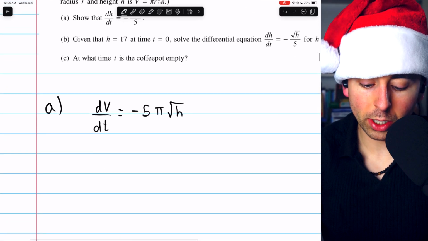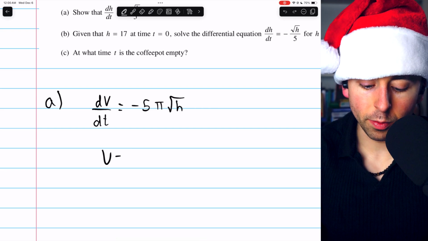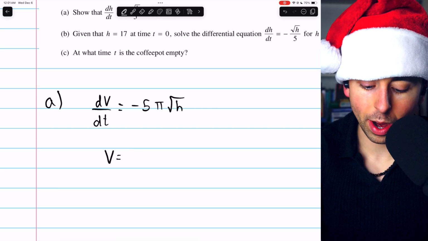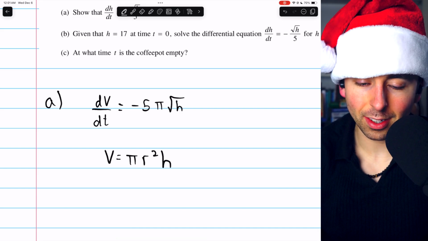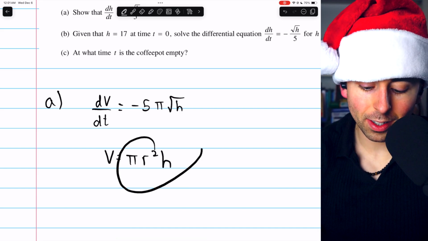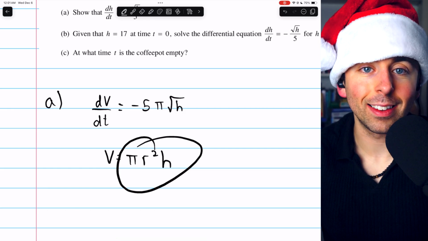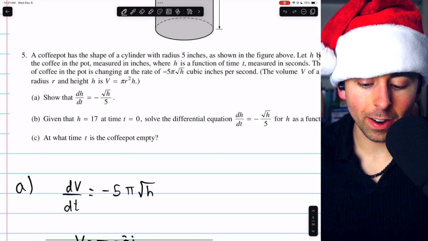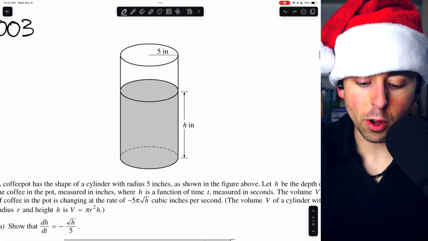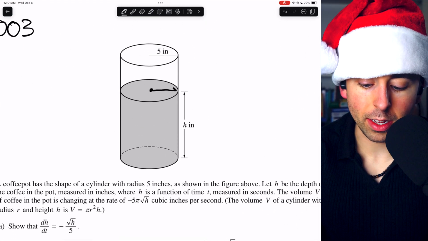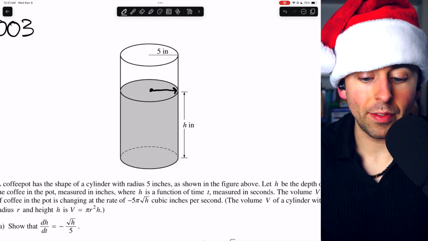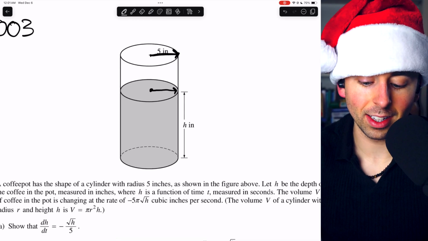All right, now I'm going to rewrite the volume equation. Volume equals pi r squared h, and we can go ahead and take the derivative of both sides. Remember that on the right, the only function is h. Pi is a constant, and r is a constant as well. The radius of the body of coffee is going to be 5 inches, the radius of the containing cylinder.